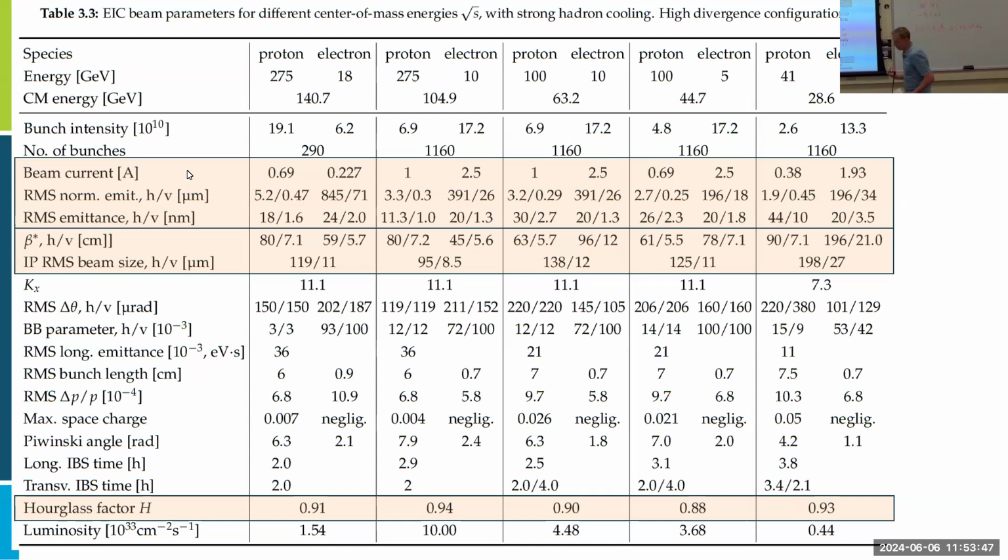One would ask me, if I were you, I would ask me, why did you make them flat? Why can't you make them smaller? Because look, the smaller beams here, the higher luminosity. Why did you end up with this number? Well, it turns out that electrons radiate.